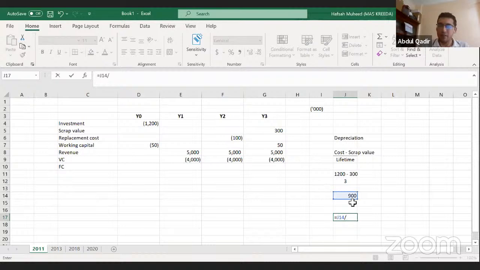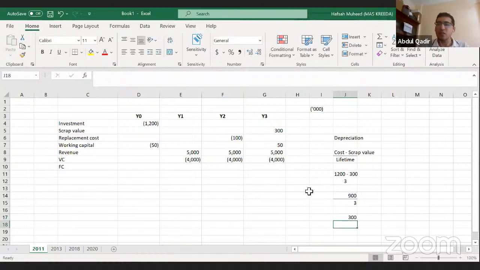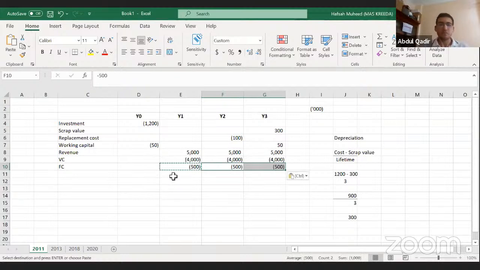So that is your depreciation. So you need to remove 300 from this fixed cost. So your fixed cost is 800,000. You remove 300,000, then your fixed cost is how much? Minus 500, right? So it's going to be 500 for all the years, right?